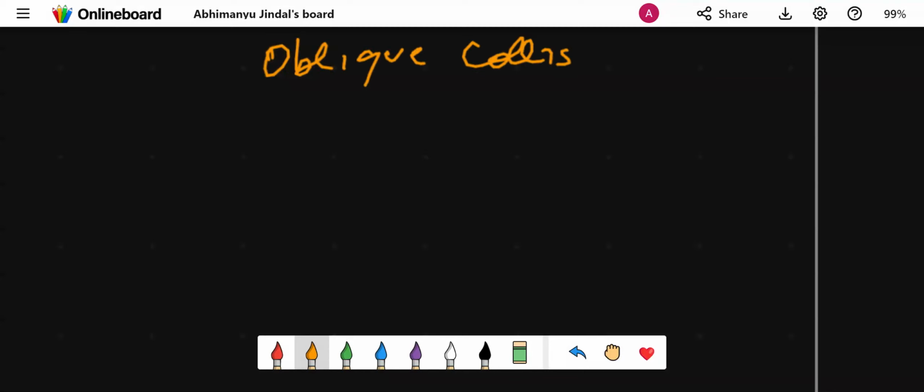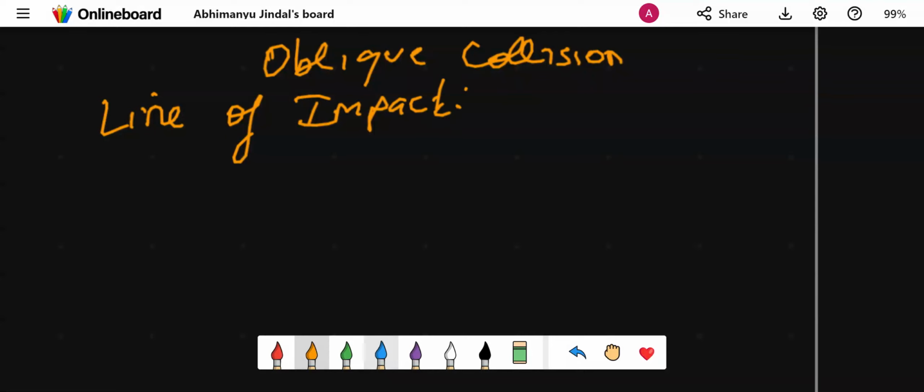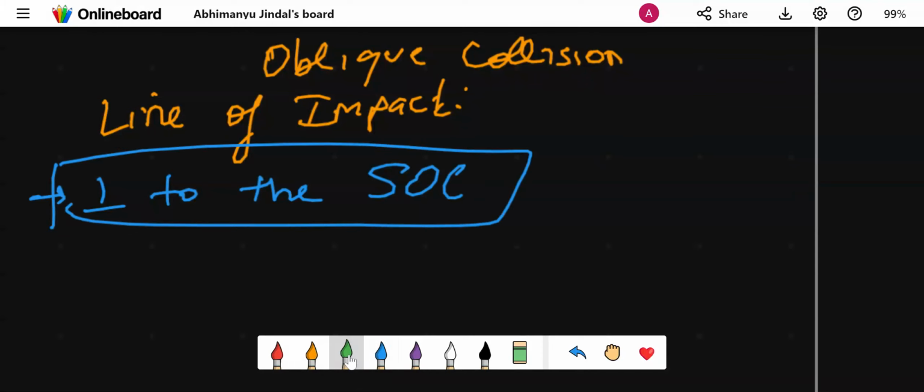So the first term I want to define is line of impact. What is a line of impact? Line of impact is perpendicular to the surface of contact. Keep this in mind.